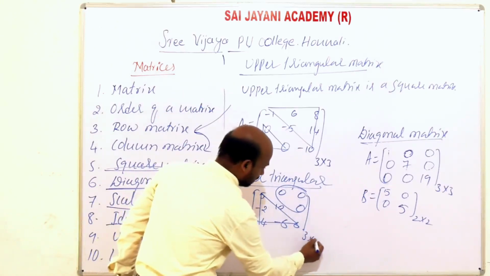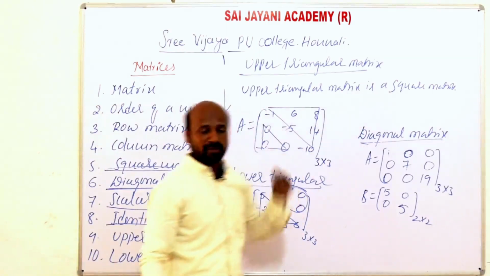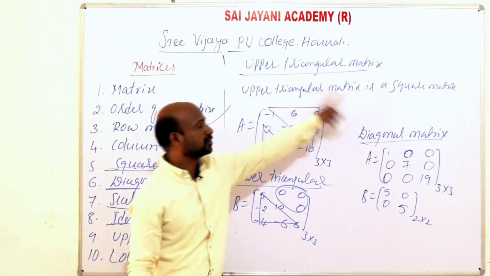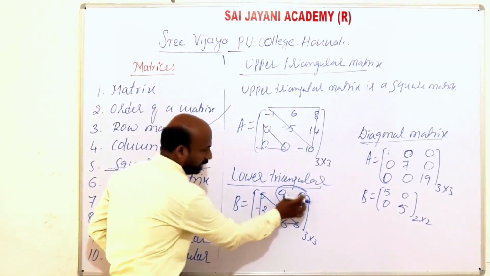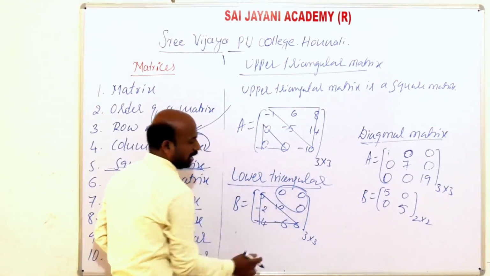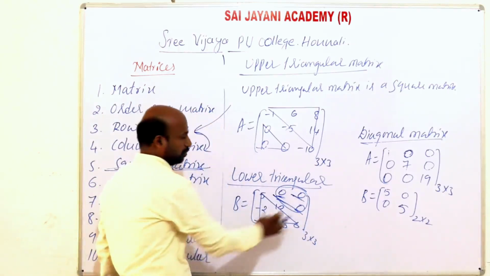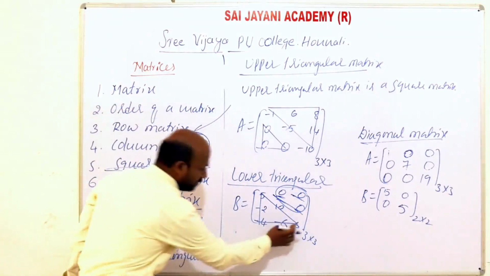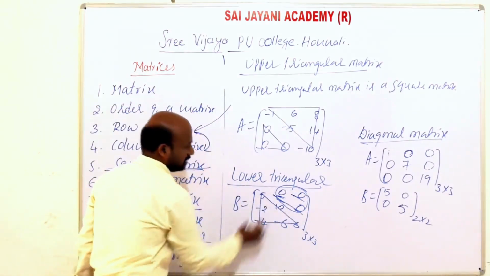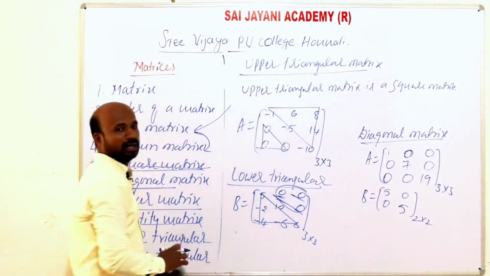Its order is again 3 by 3. Observe, that is A12 is 0, A13 is 0, A23 is also 0. These elements matra present agirutte. This is upper triangular matrix and this is the lower triangular matrix.